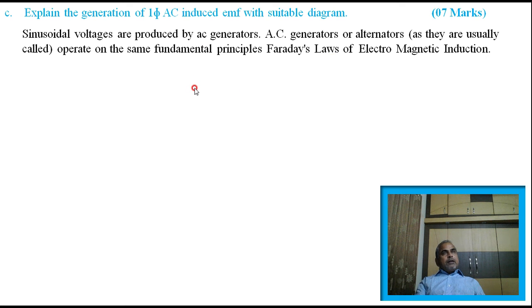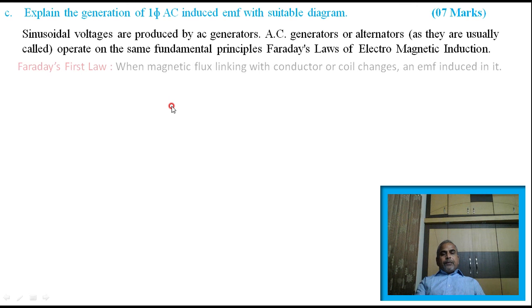That is, the voltage induced in the alternator or any generator is based on Faraday's laws of electromagnetic induction. Then what are Faraday's laws? Faraday's first law states that whenever the magnetic flux linking with a conductor or coil changes, an EMF is induced in it.